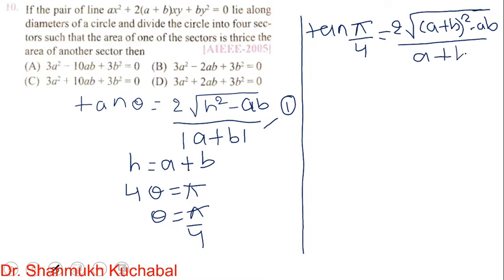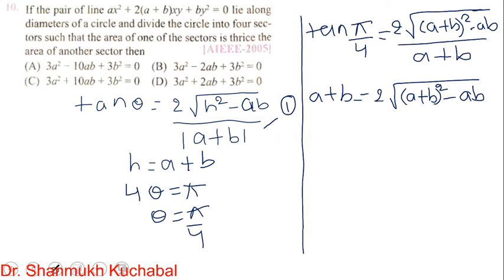Then tan pi by 4, we know that it is 1, so take this to the RHS: a plus b equal to 2 under the square root of a plus b whole square minus ab.